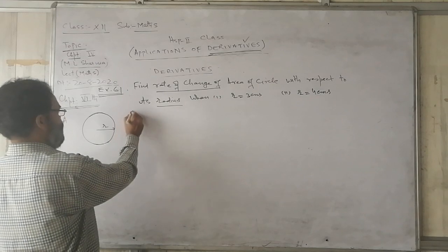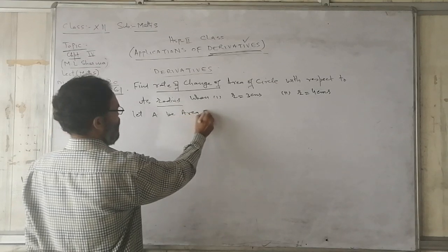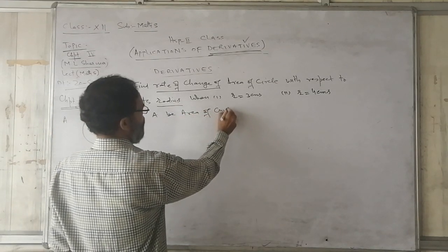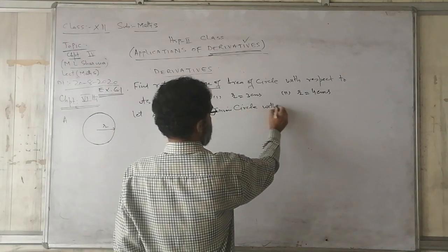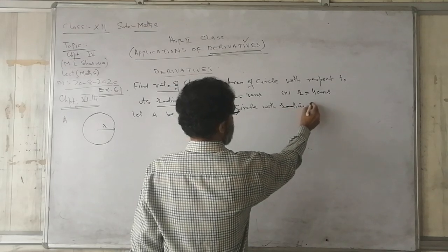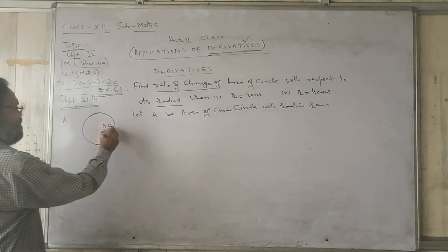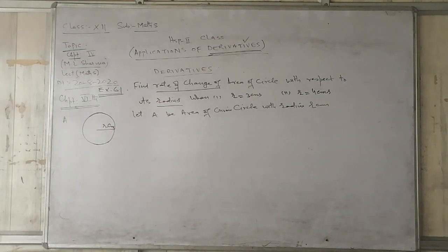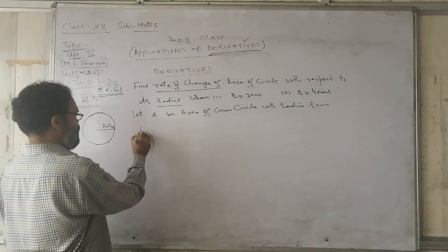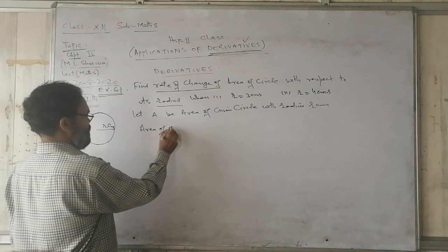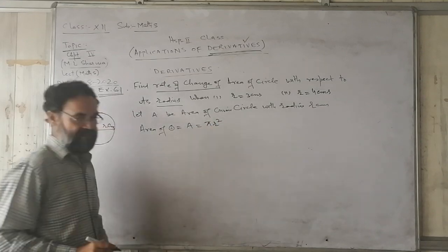So let A be area of the given circle with radius r centimeters, that r centimeter is radius of the circle. Now question is, we have to find rate of change of area. Now area of circle A will equal to pi r square. This is known to you.